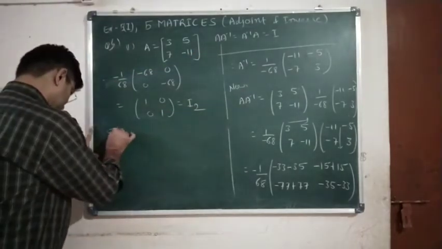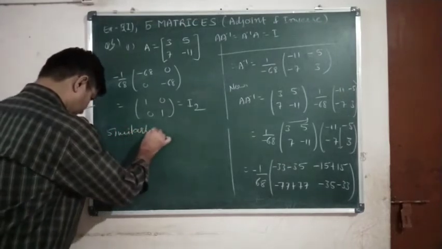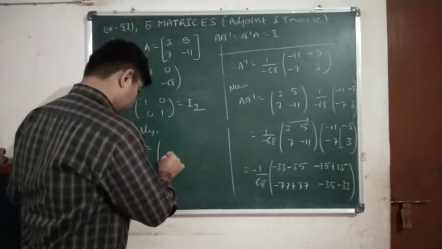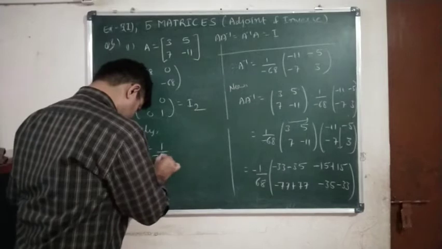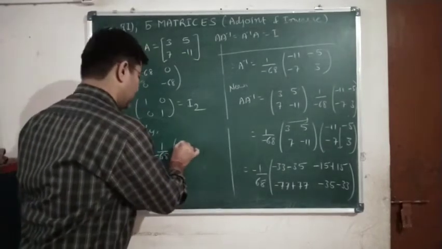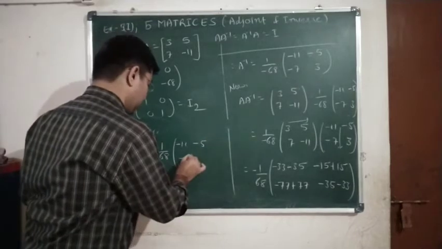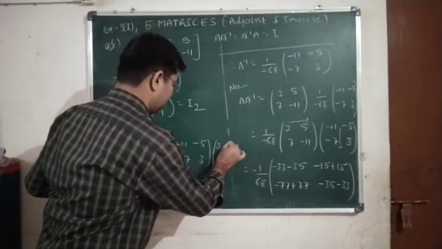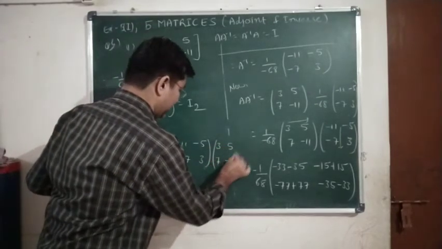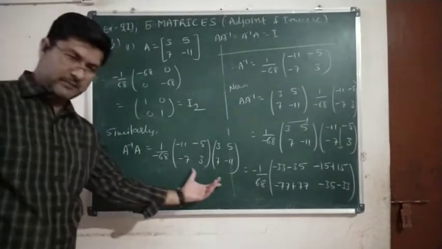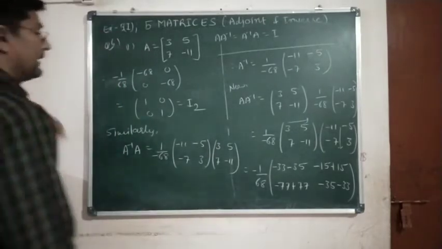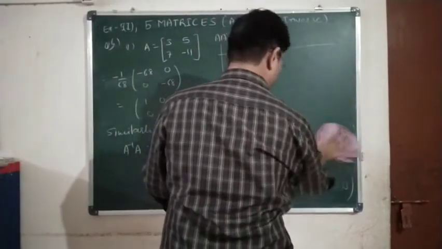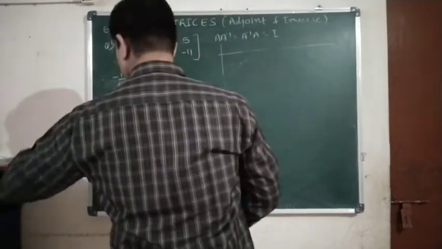Similarly, A inverse into A. What is A inverse? That is minus 1 upon 68 into minus 11, minus 5, minus 7, 3, into A, which is 3, 5, 7, minus 11. Obviously we know that the same answer will come, so we will write it down.